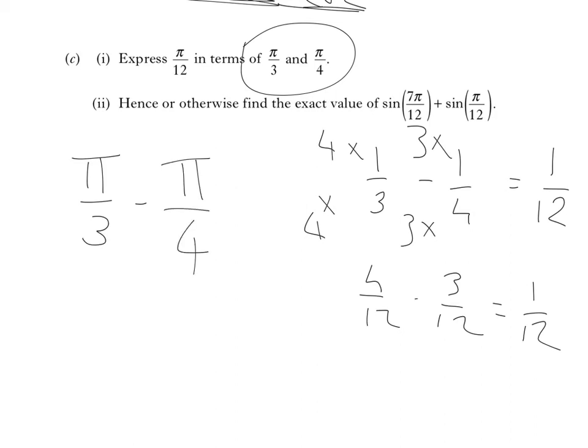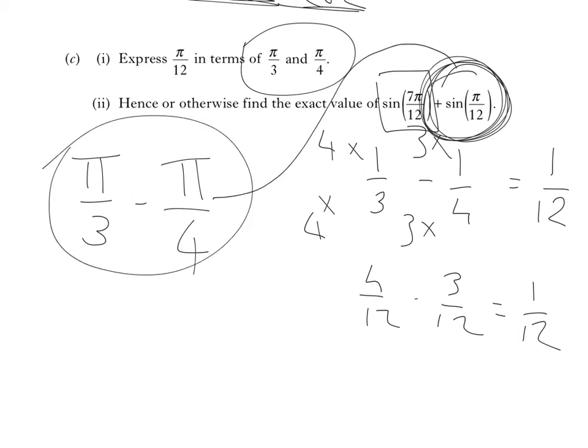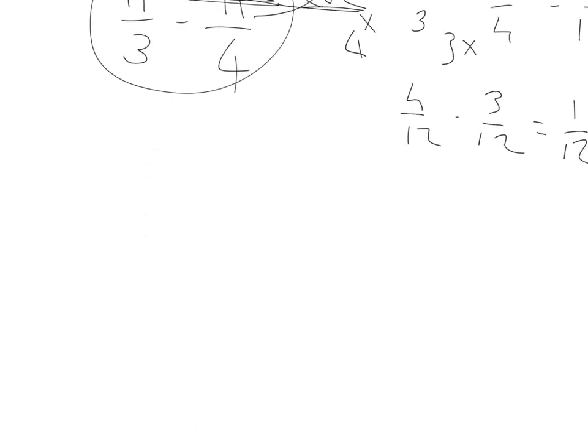Hence or otherwise, find the exact value of sin 7 pi/12, which I've already got, so I'll take care of that later on, plus sin pi/12. Well, sin pi/12 I'm now going to write as sin of pi/3 minus pi/4. So again, it's just a sin expansion.